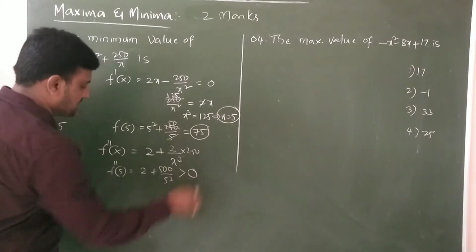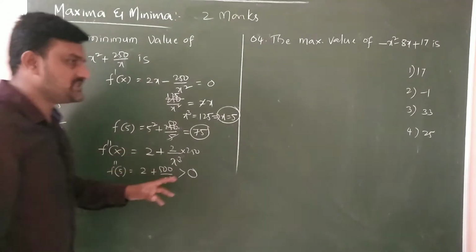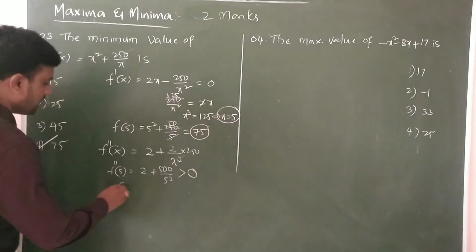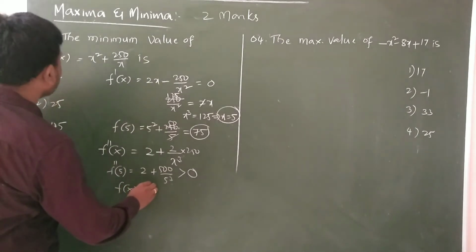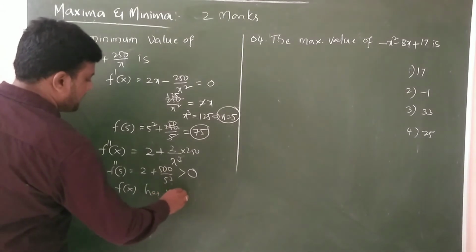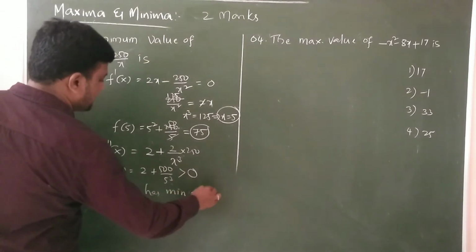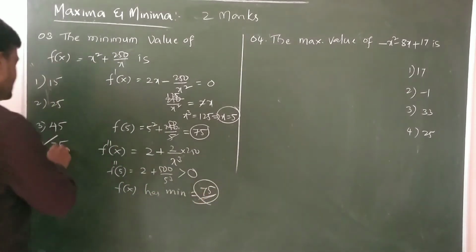Definitely it is positive, yes or no? We need to know whether it is positive or negative. So f(x) has a minimum. The minimum value is nothing but 75.